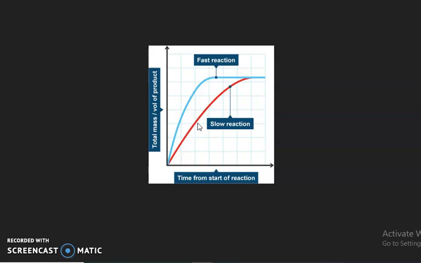But one thing we should notice is that at the end both have the same volume. That is, after some time both have reached the same volume, so the amount of product produced is the same.